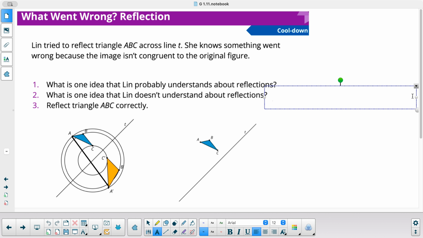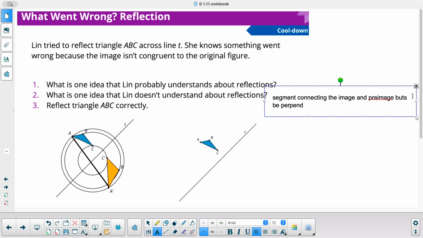I'm going to start with two because I just saw it first. She doesn't understand that the segment connecting the image and pre-image must be perpendicular to the line of reflection.